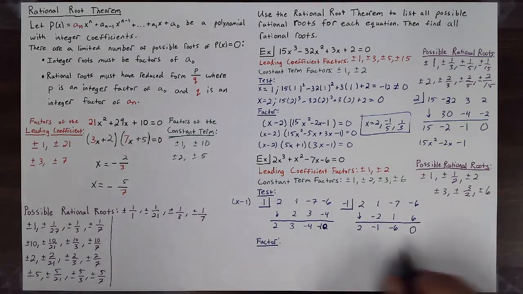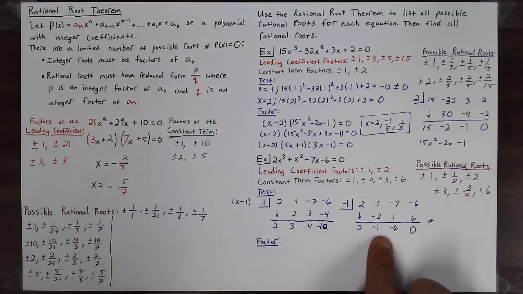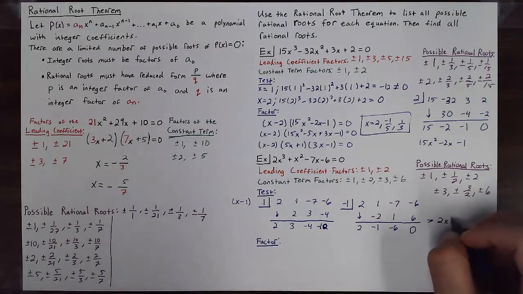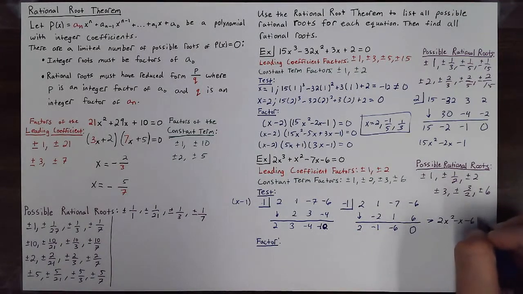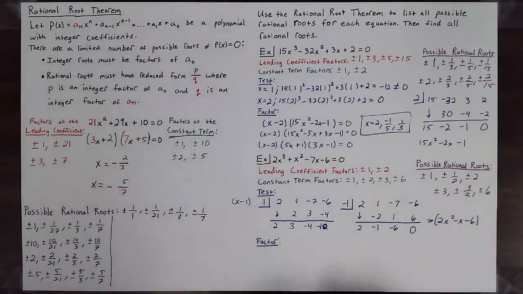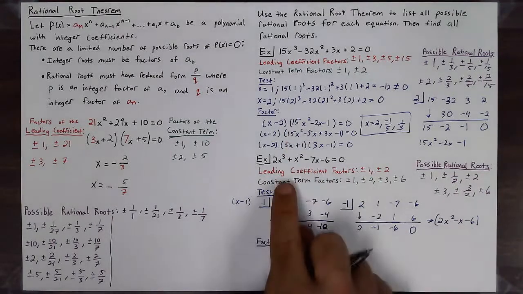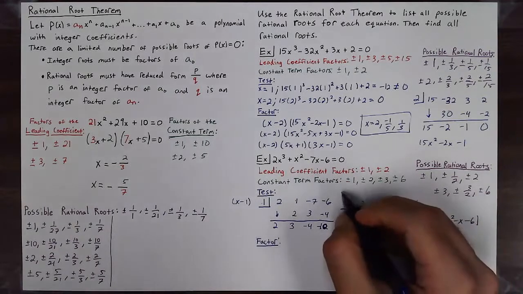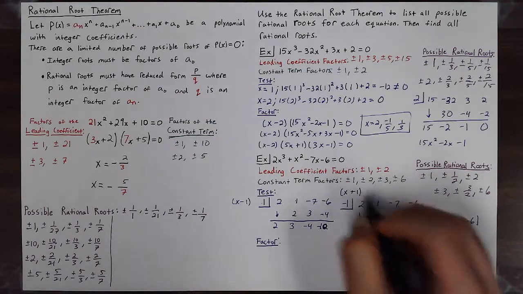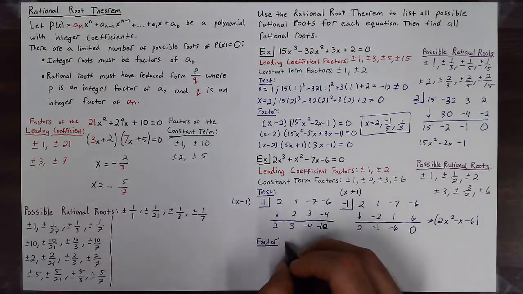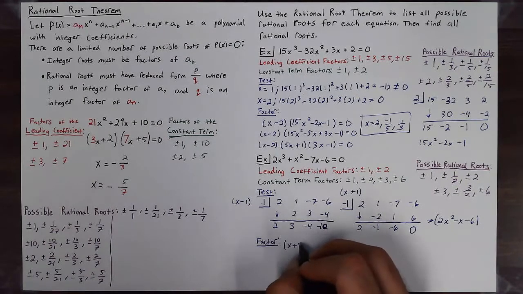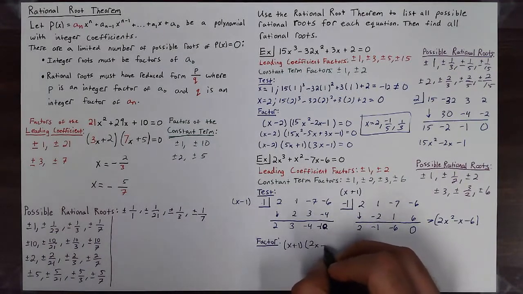So this quadratic I end up with after I divide, 2x squared minus x minus 6, is one of the factors of my polynomial, along with x minus -1, which is x plus 1. So I can factor that polynomial to be x plus 1 times 2x squared minus x minus 6.